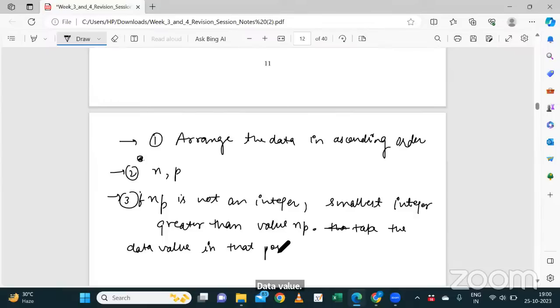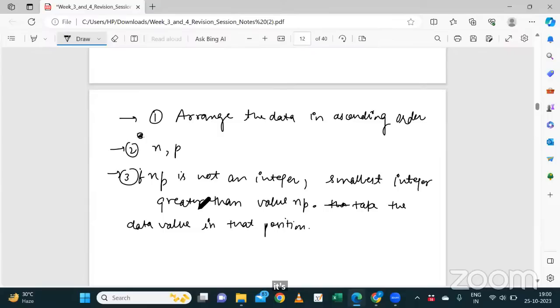That position means just the smallest integer greater than NP. Suppose you got the value of NP as 1.2. What is the greater integer after that? It is 2. So you have to take the second observation from that data set.